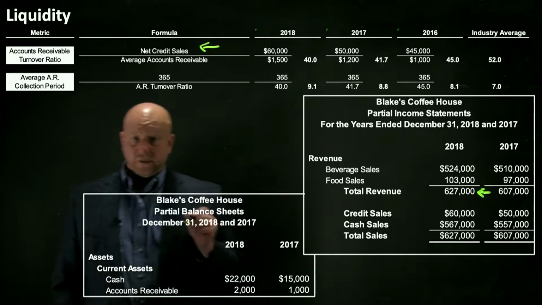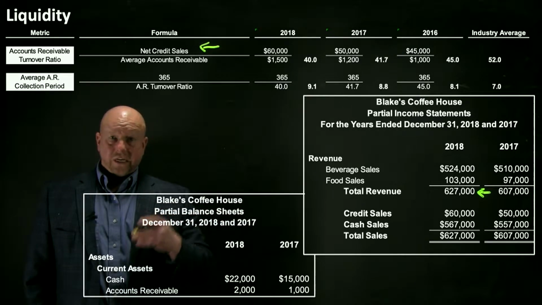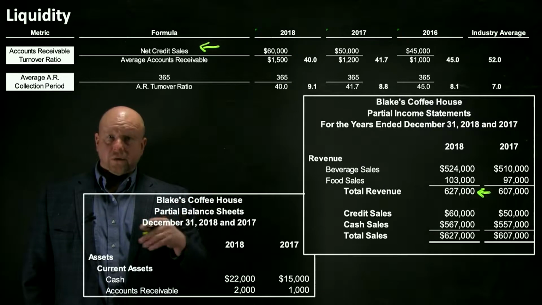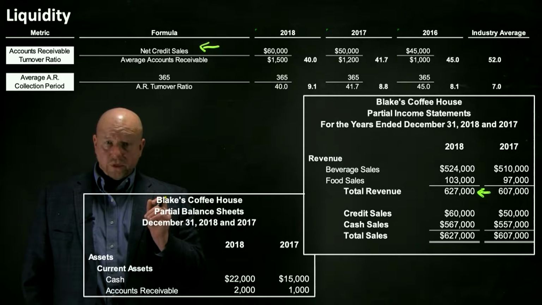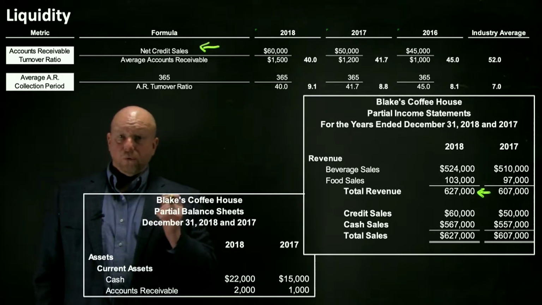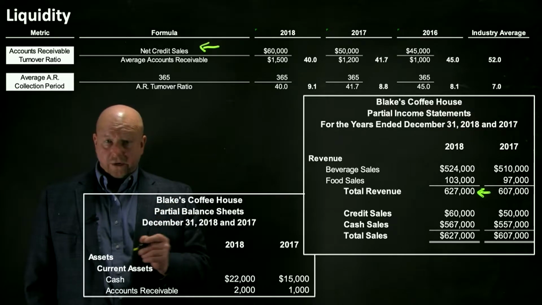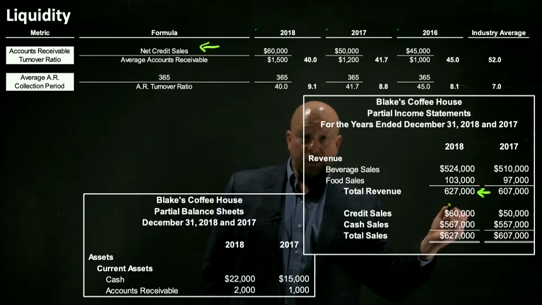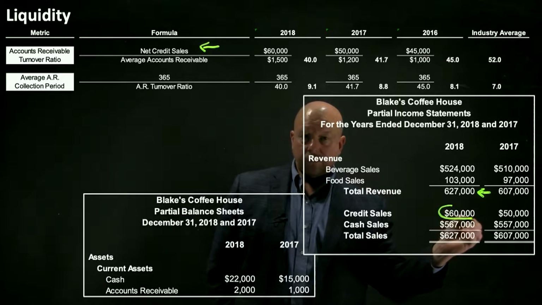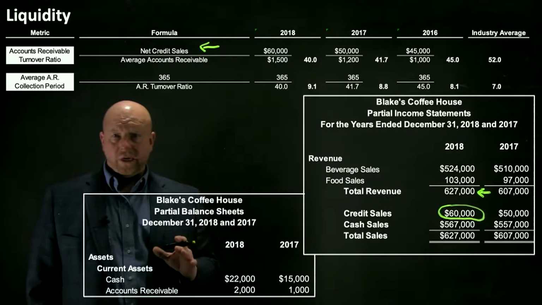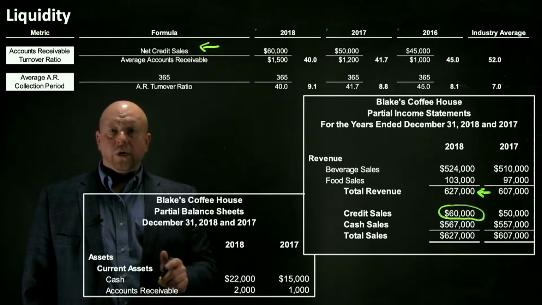What I'm talking about with credit sales is where we actually extend credit to customers, maybe to a local business or somebody with a customer account. And there's a true risk that we might not get paid, or we might not get paid in a timely manner. So you take a look at the credit sales, okay? Because obviously with the cash sales, if you have no risk of getting paid, we don't really need to worry about that.